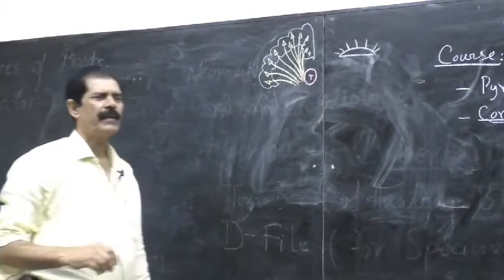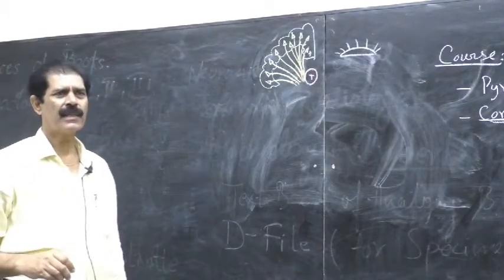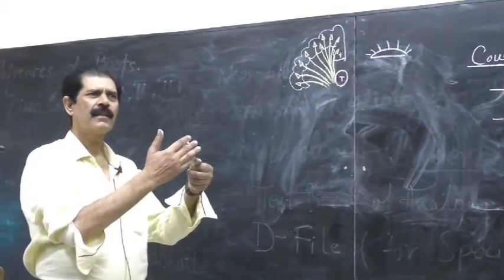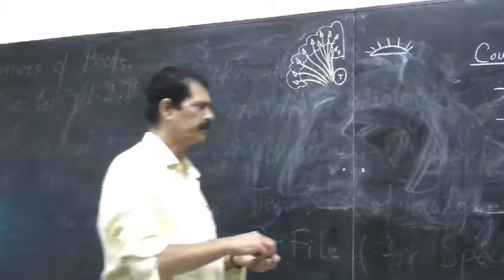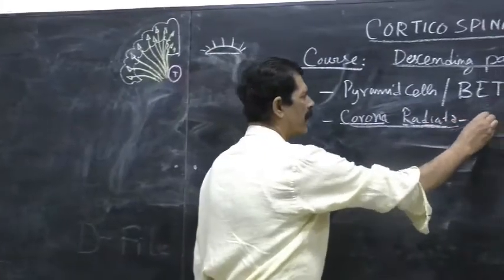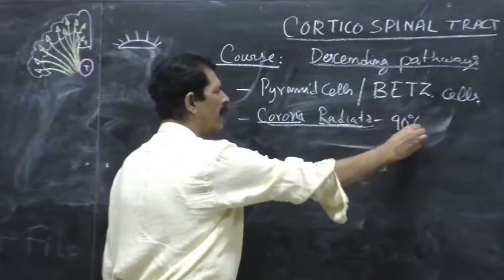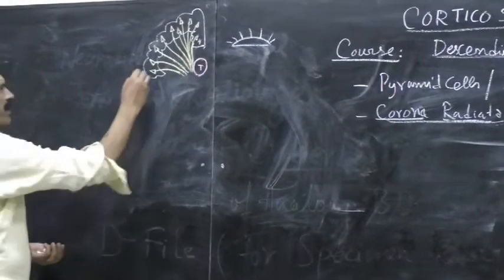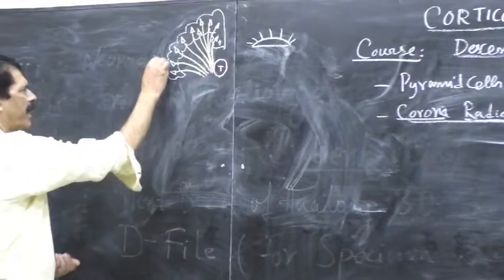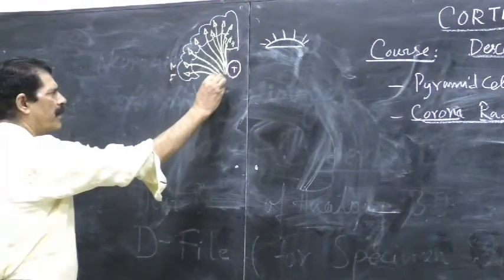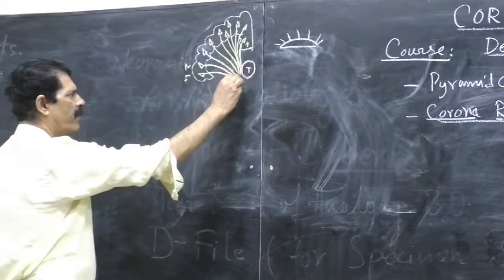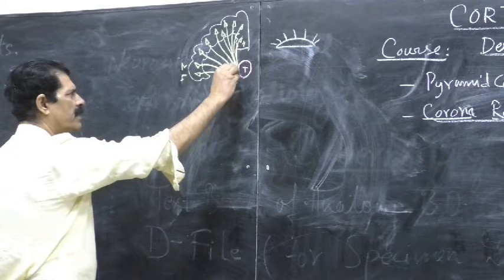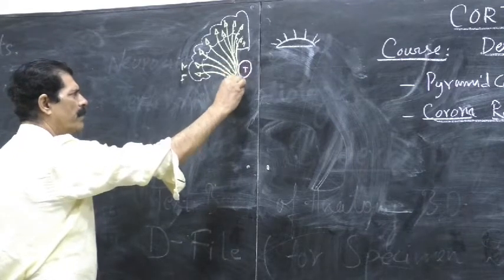Before they reach the level of the thalamus, these fibers twist at 90 degrees. The corona radiata fibers twist at a 90-degree angle in such a way that the fibers from the face, head and neck come forward, then neck fibers, then upper limb fibers, then thorax, then abdomen, then lower limb and foot.